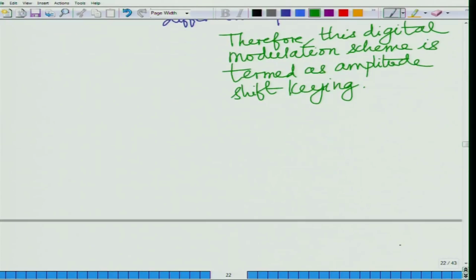So, that is basically amplitude shift keying or ASK.